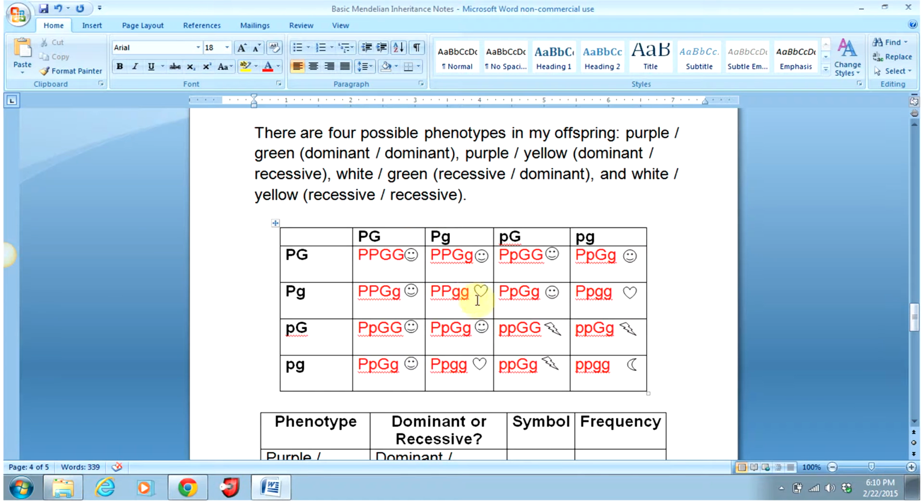So I've gone through and used a heart for all of those offspring. Then for my offspring that have white flowers and green leaves, so recessive dominant, I used a lightning bolt. And finally, for my offspring that has white flowers and yellow leaves, so recessive, I used a moon.